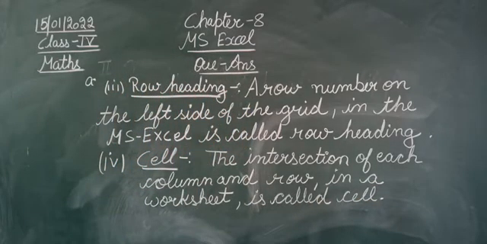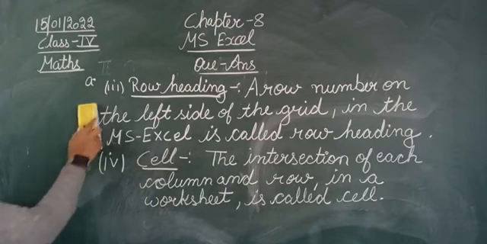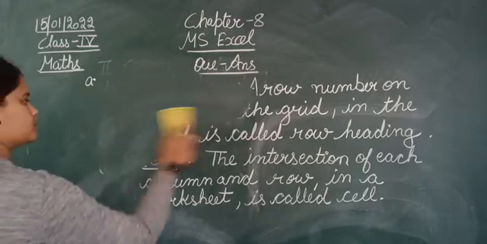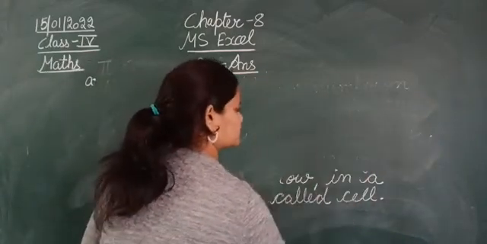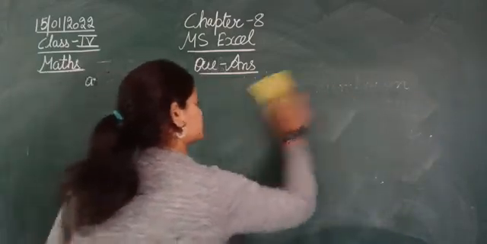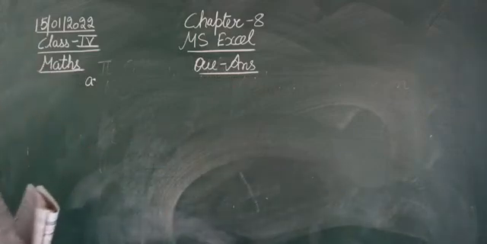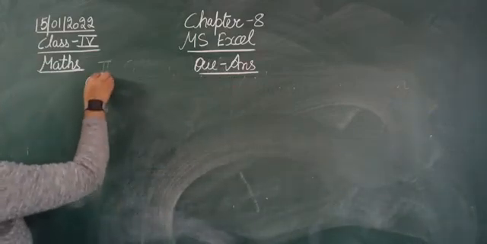So this is the fourth term, cell. The intersection of each column and row in a worksheet is called cell. Moving next to the fifth one.